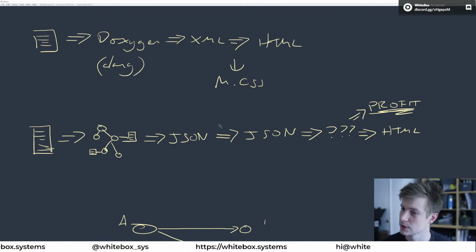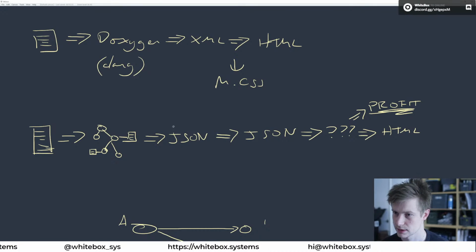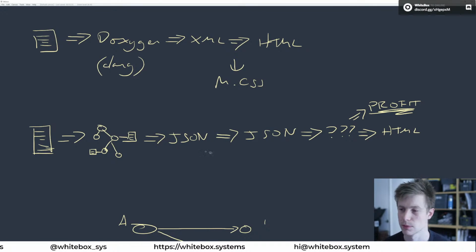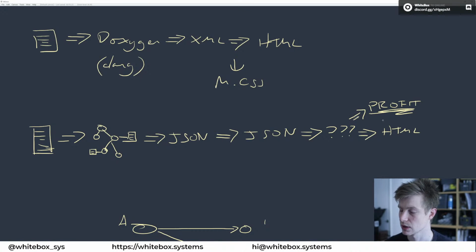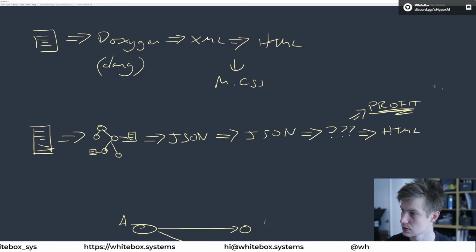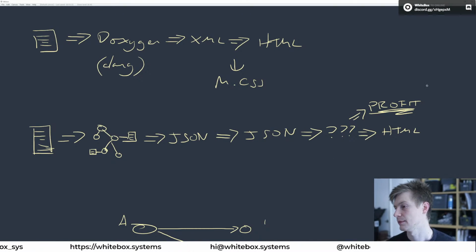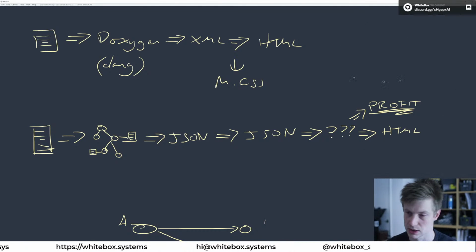Clang can dump this AST as JSON, and what we've been doing is reading this JSON and turning it into a more useful format. We then hope to output the doc comments related to the AST nodes that they're attached to, and then turn that into HTML.